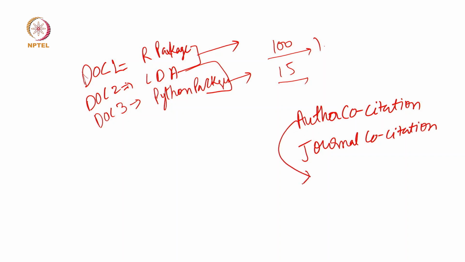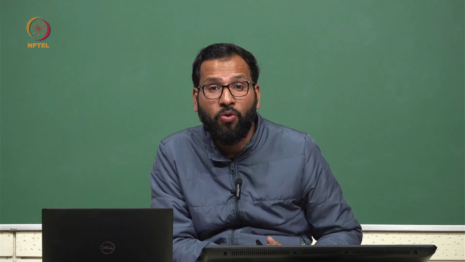So what is author co-citation analysis? It measures the relationship between two authors if they are co-cited together in publications. Similar to documents: earlier, when we were doing the co-citation analysis of documents, we were analyzing documents. Now we will see whether two authors are co-cited together.